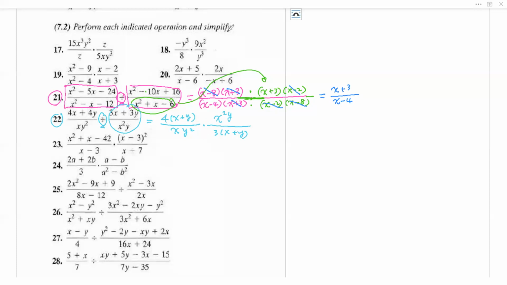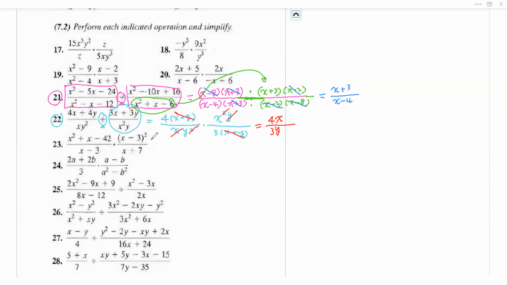Okay, so right now we can factor out x plus y, x plus y. All right, so what's left? Here only one left, right? So 4x. And here is only y, 3y, right? That's it. All right, see 23.